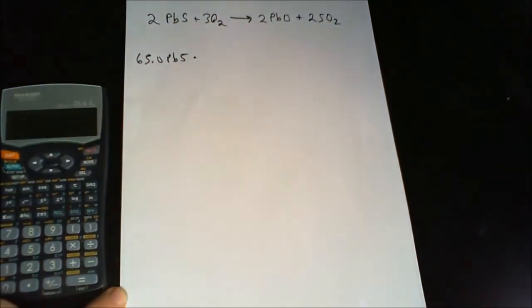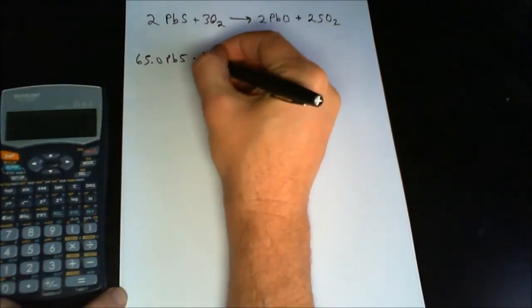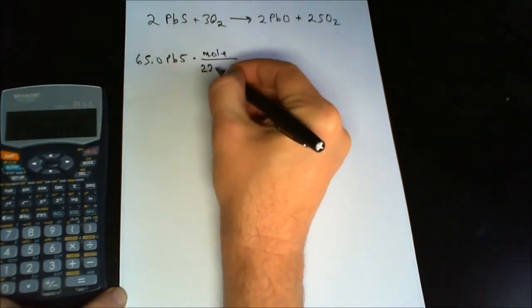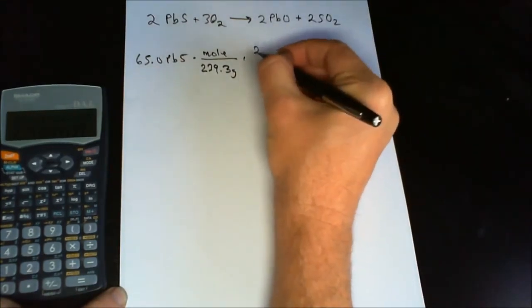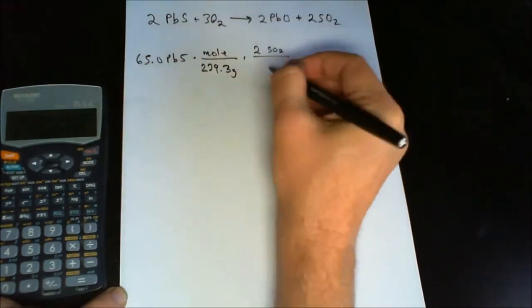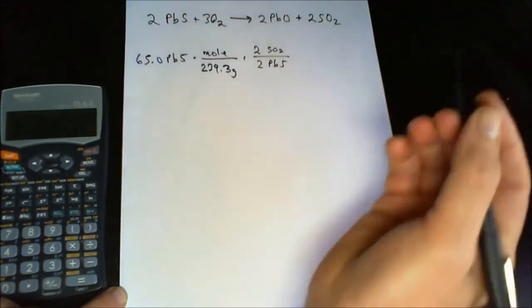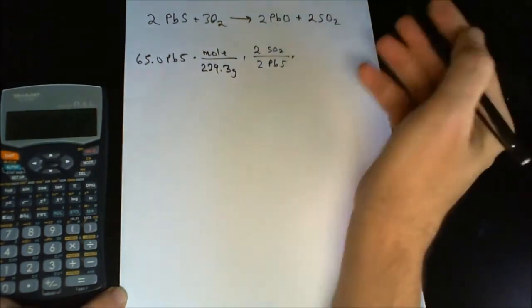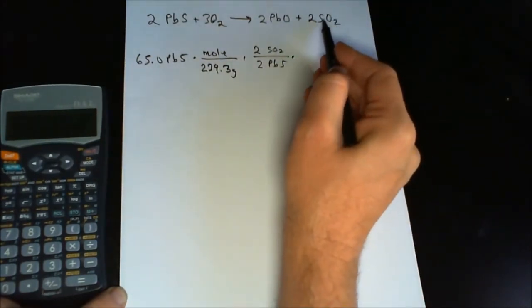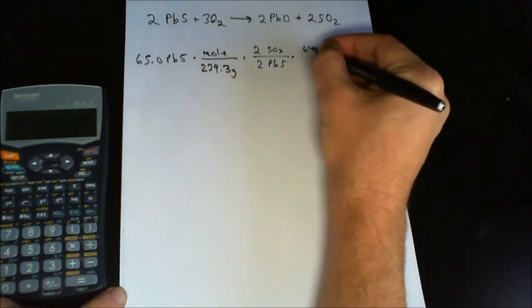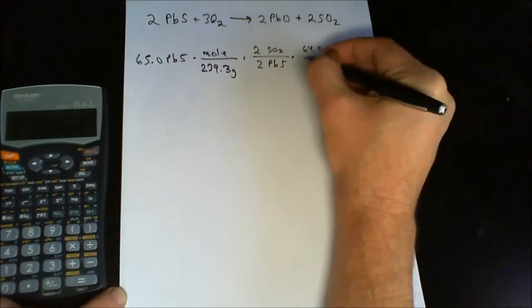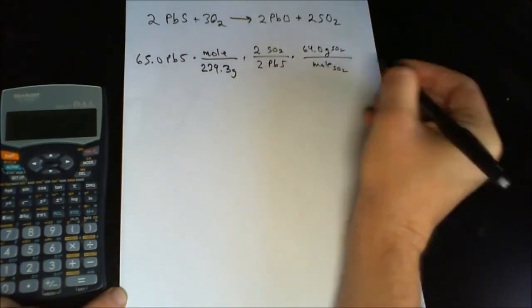So we'll go ahead and multiply this out again, and it will be one mole lead sulfide for every 239.3 grams, and we need the mole ratio of sulfur dioxide, which would be 2 sulfur dioxides for every 2 lead sulfides. And then finally we need the molecular weight of sulfur dioxide, and that's 32 plus 32. 32 is the atomic mass of sulfur, and 32 is the mass of 2 oxygen, so that's 64.0 grams sulfur dioxide for every mole sulfur dioxide.